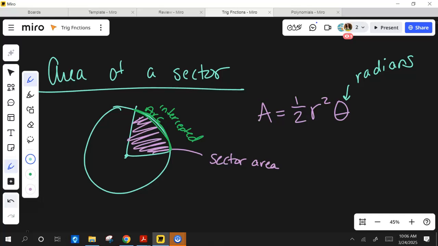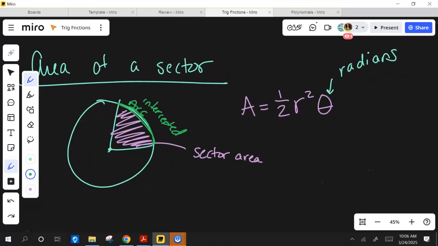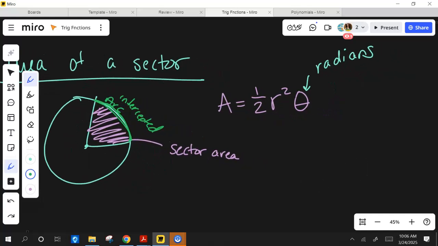The purple could be my sector area or this could be my sector area. It just depends on where you put theta and how big theta gets. But any of those would work. All right, let me show you an example. It also doesn't have to be in your standard position here. It can be anywhere.